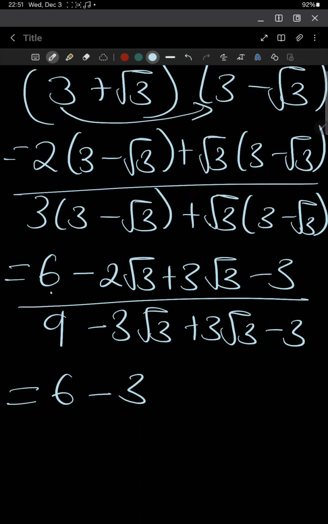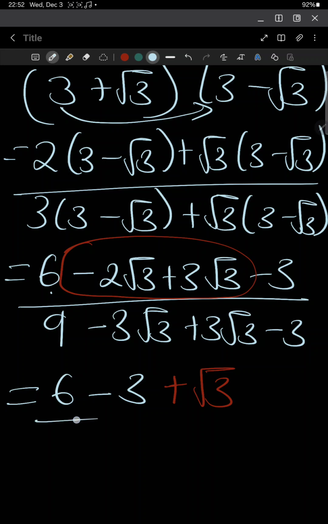So if you observe carefully here, you need to observe carefully. So this part, let me use other ink. This part, if you observe it, negative 2 square root of 3 plus square root of 3, it is the same as minus square root of 3. And then we divide by 9.